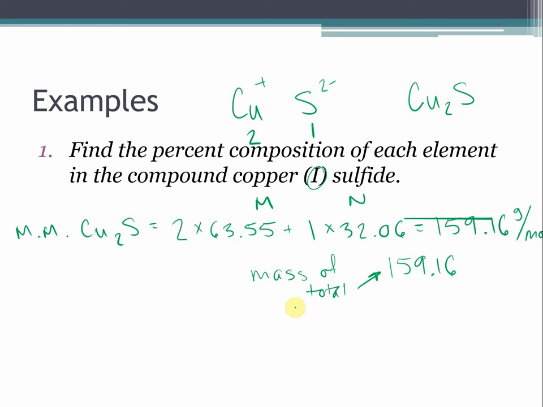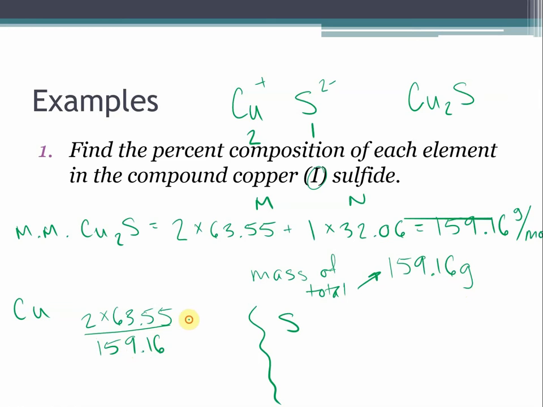We're going to find the percent composition of each element. So we're going to do percent composition twice, once for copper and once for sulfur. For copper, we'll take the total mass of copper, which is 2 times that 63.55, over the total mass of the entire compound, which is that 159.16, and then times 100.